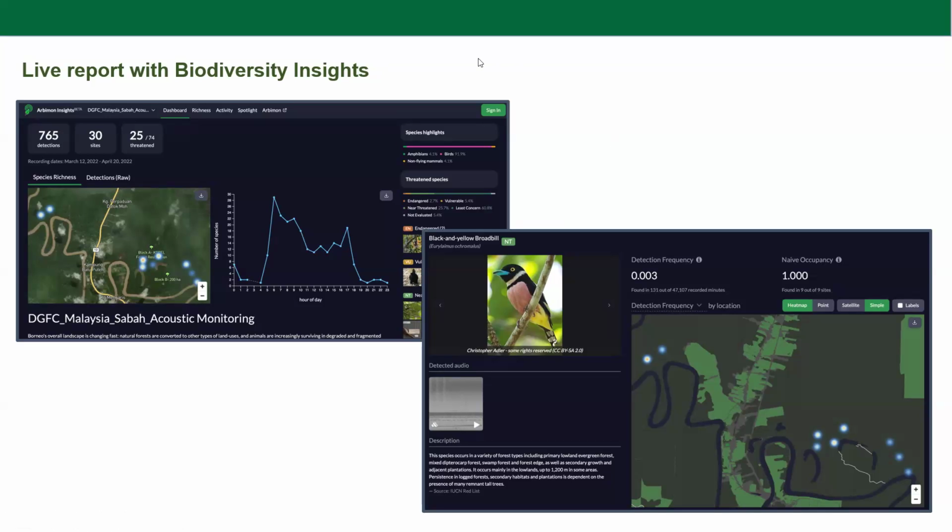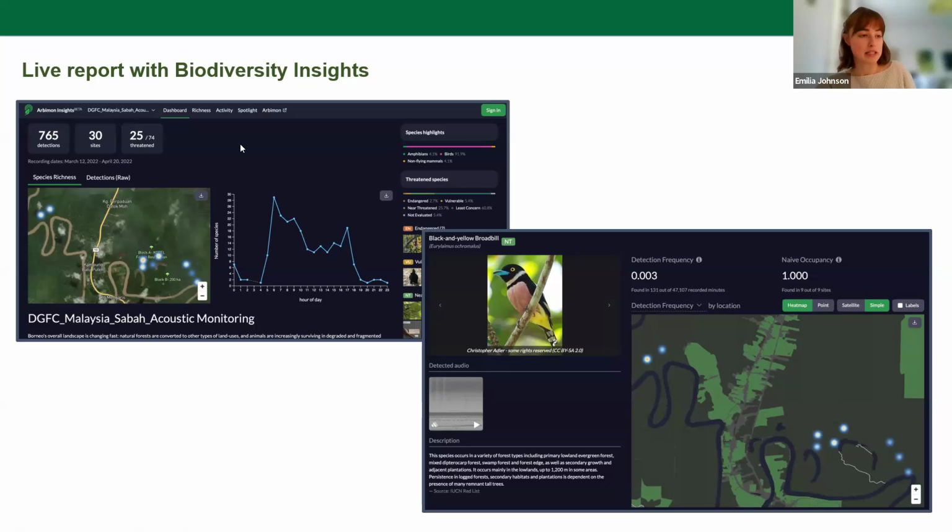Marconi is not able to join today, but he's mostly the one working on all this analysis. So that's the project that we have in Borneo at the moment, mostly related to forest restoration and monitoring of biodiversity.